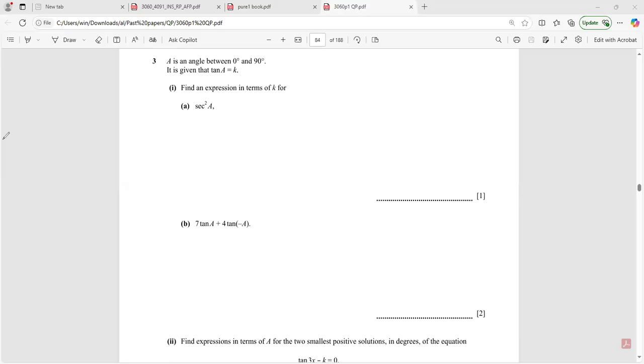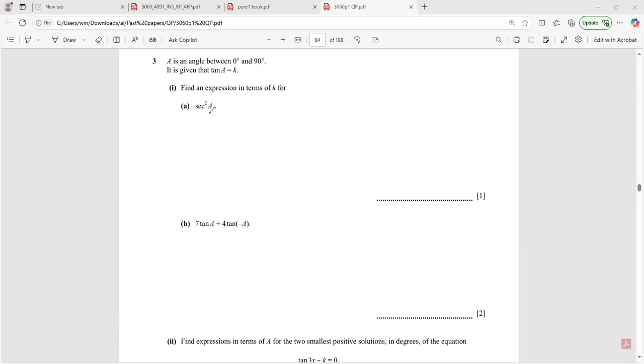Okay, guys, here are the trig questions, and here he told you A is an angle between 0 and 90, okay? And it's given that tan A equals K. So every tan we're going to replace and make it K. Okay, so here secant is the flip of the cosine.